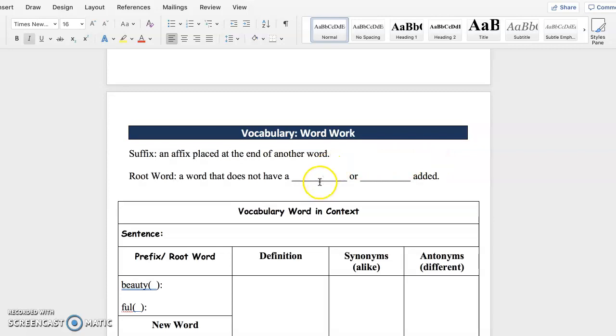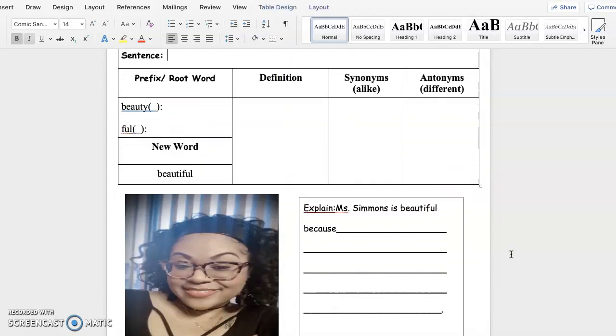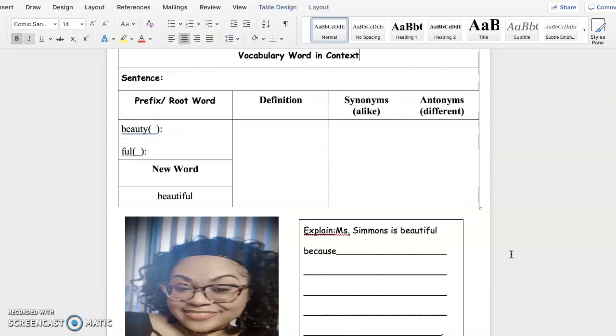And then the root word is a word that does not have a prefix or suffix added, okay? Yesterday, guys, our suffix that we talked about was less.